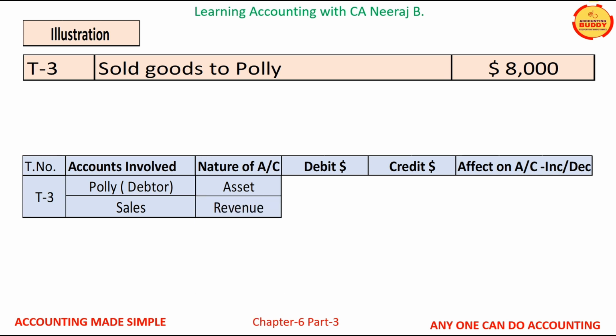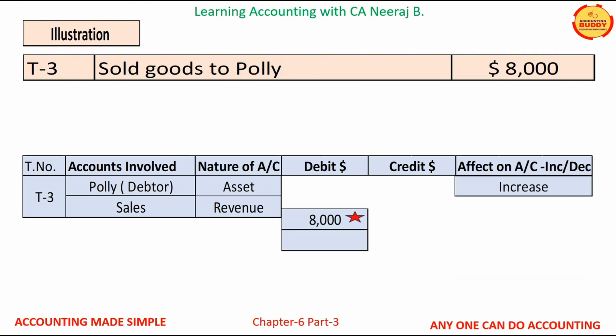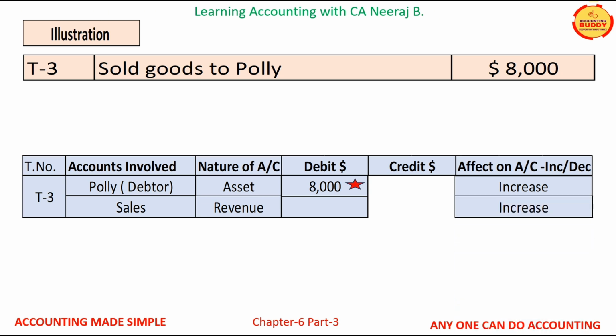In this transaction, the asset account is increasing. Therefore, Polly's debtor account will be debited with $8,000. Sales is also increasing. As per the revenue account rule, sales will be credited with $8,000.